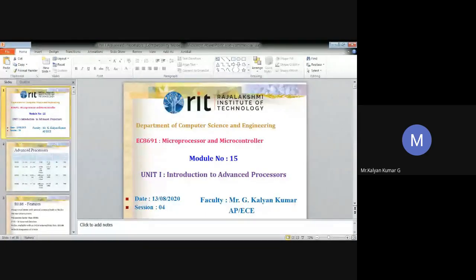Is there any specific reason for calling these advanced processors? Okay, fine. Let me tell you the answer.